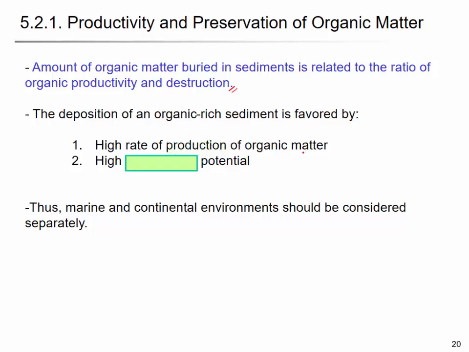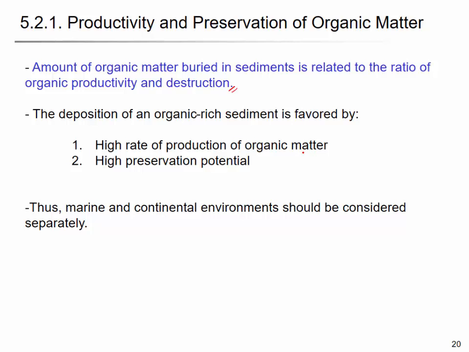So the organic productivity or biological activity should be very active. And the high preservation potential. The high preservation potential is that if the sedimentation is very slow, then the organic matter can be decomposed by the other reaction, right?